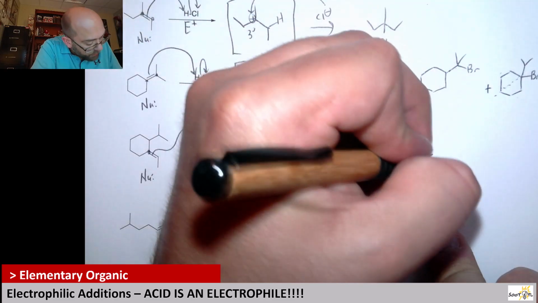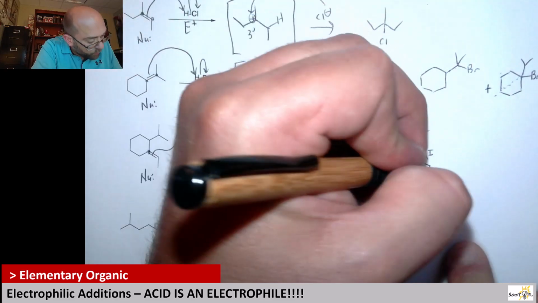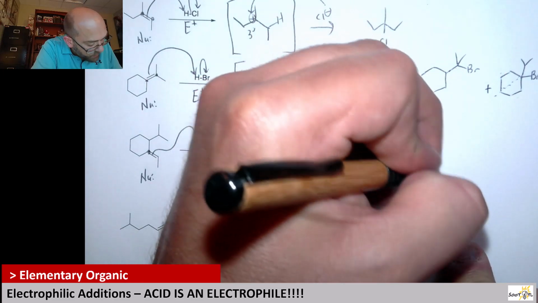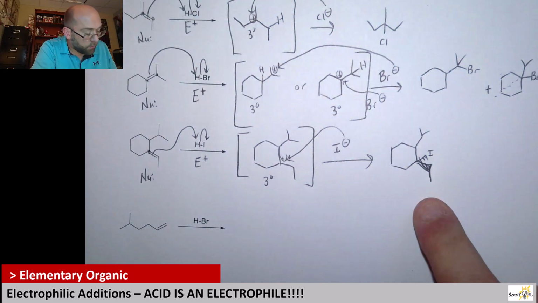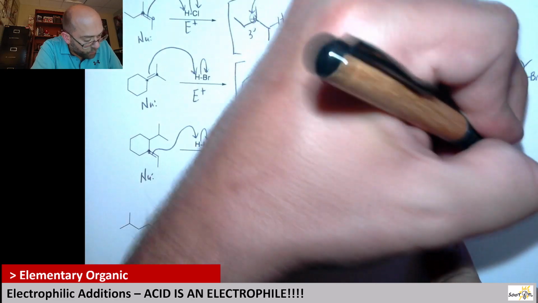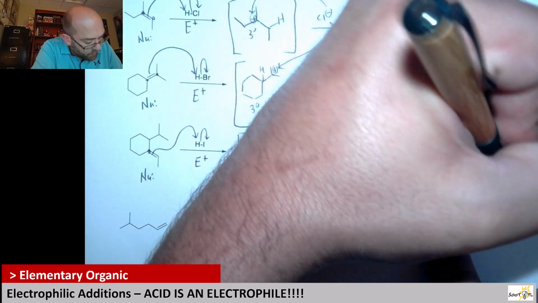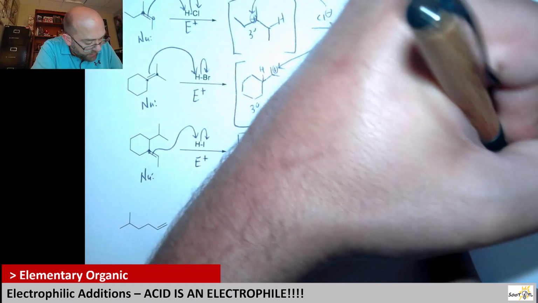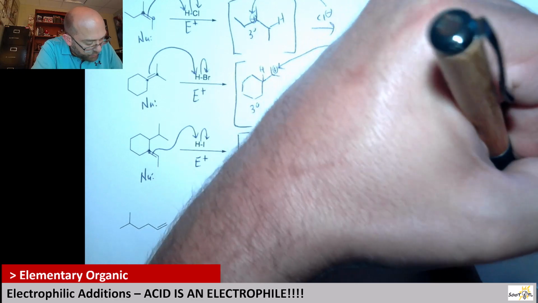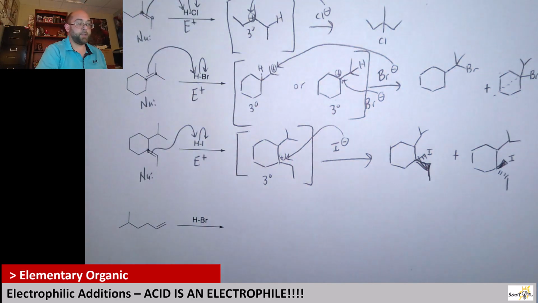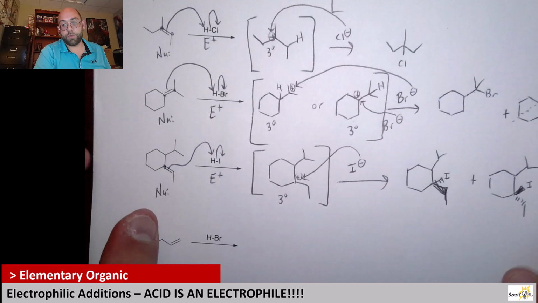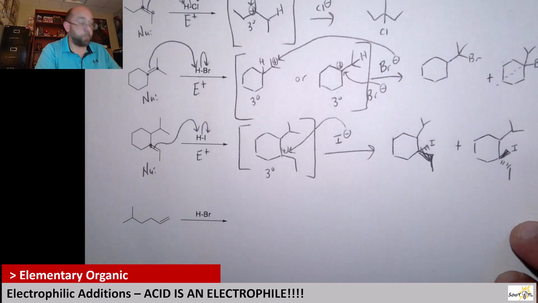So I have to worry about stereochemistry. So I'll do one with a dash on the iodide and a wedge on the ethyl, and then my other one, I'll do a wedge on the iodide and a dash on the ethyl, right? So that would be my racemic mixture.